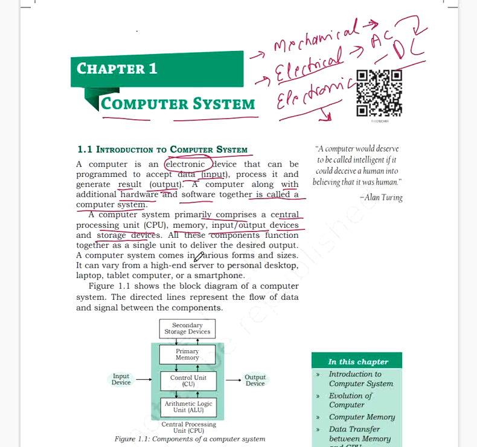A computer system comes in various forms and sizes. It can vary from a high-end server to a personal desktop. What is a high-end server? Basically, there are some computers which are dedicated to serve other computers. We cannot directly work on these computers.